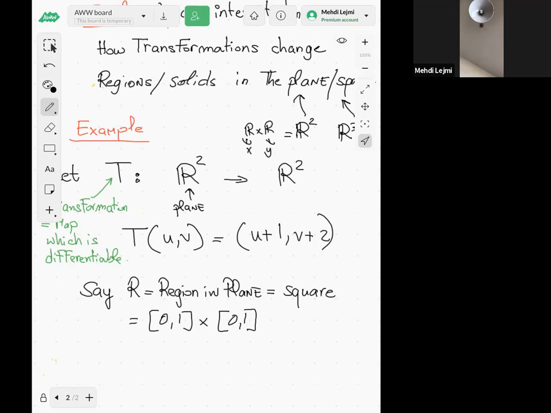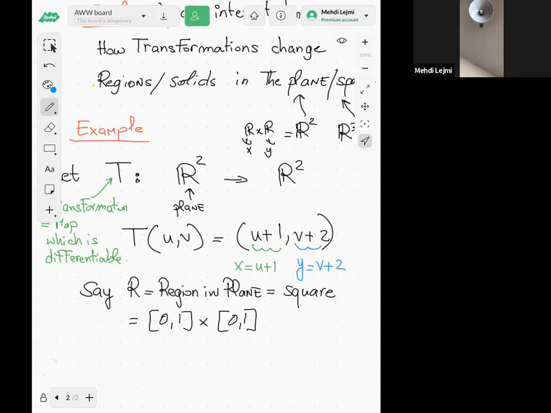Now, here this is T of u and v. So let's say u plus 1 is equal to x, so x is equal to u plus 1, and v plus 2 is equal to y, so y equals v plus 2. Anyway, let's take this square and see how this transformation T changes our square.